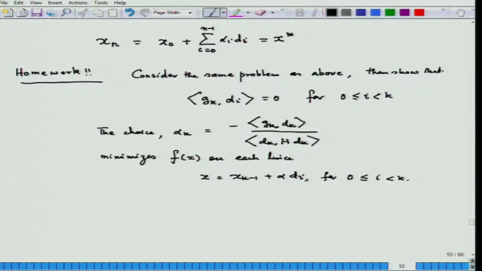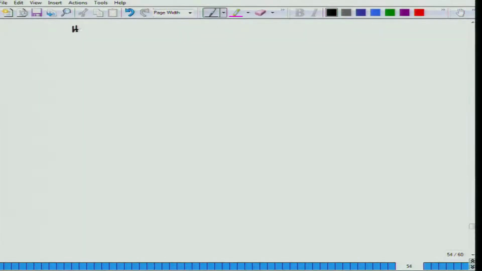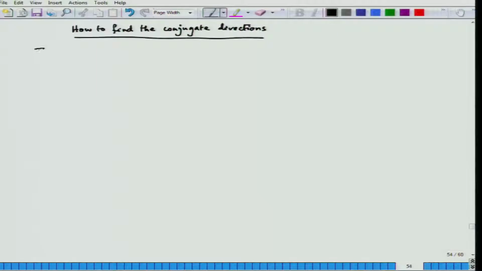This would be homework which I am not going to explain in detail now. So, our next attempt is how to find the conjugate directions. This attempt leads to the conjugate gradient methods.